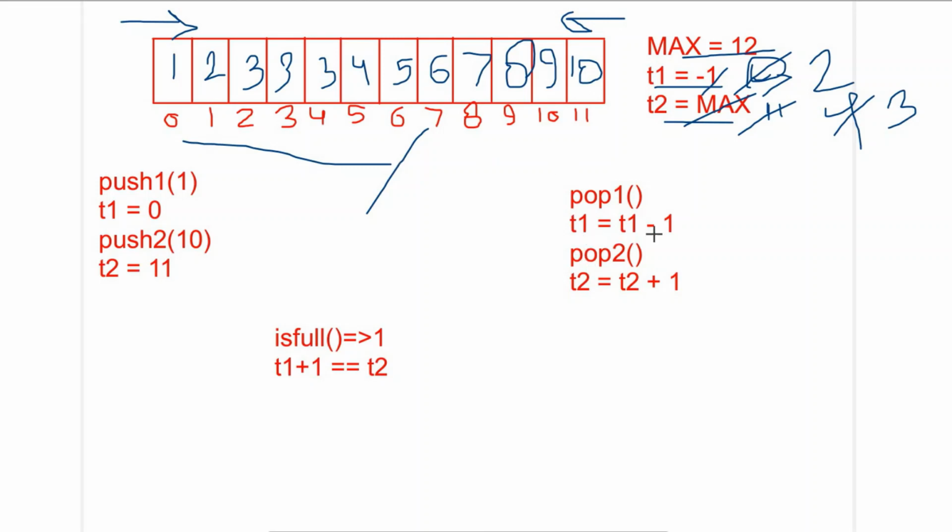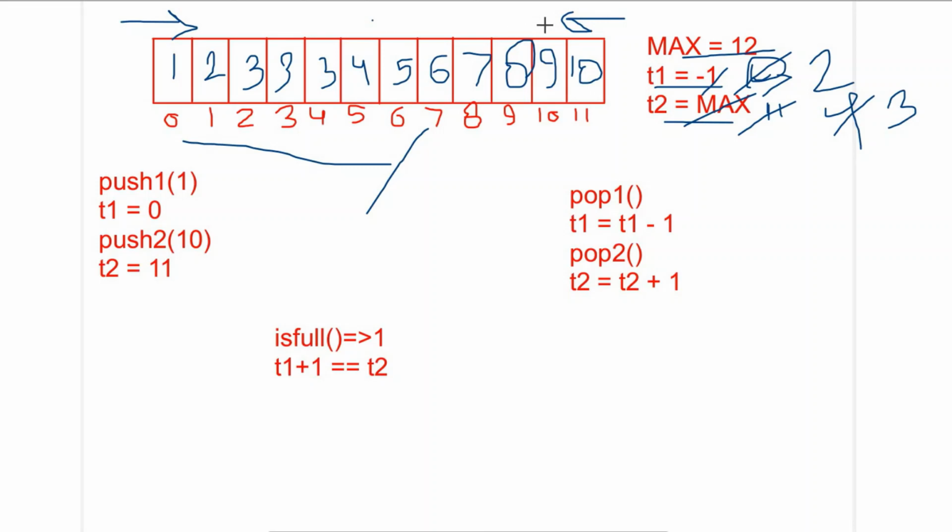In pop1 we will decrement the top index, and in pop2 we will increment the top2 index. While pushing an element in stack 2 we move from right to left, and in the case of pop we move from left to right.